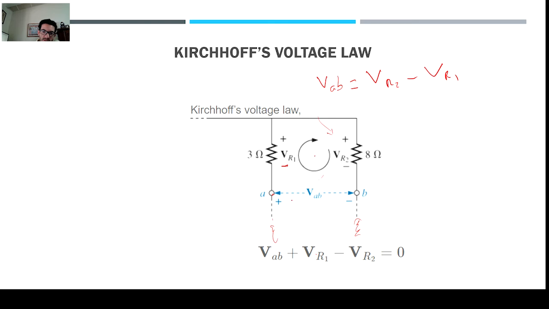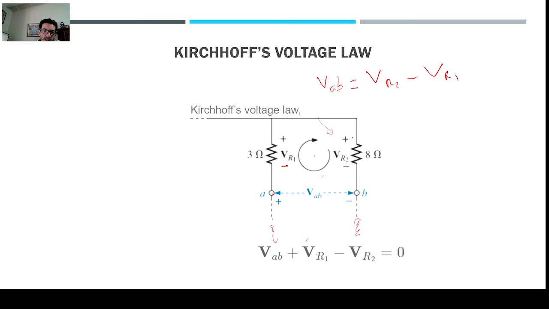Another way to see it is the voltage drop between A and B, in the sense of the direction of my clockwise rotation, is going negative first, and then positive, flowing in the direction of the source. Then this is positive.